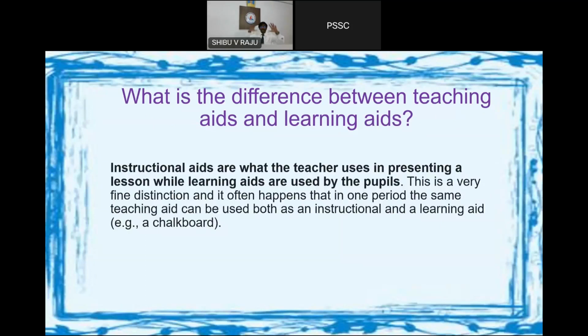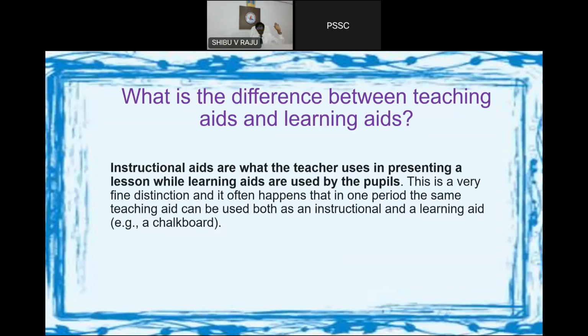For example, I just drew the parts of the body in biology or parts of a plant. When I draw the parts of a plant and present it in class, or show it on the blackboard or smart board or on chart paper in front of everyone, and I teach one by one using the teaching aid, then I go to the textbook.